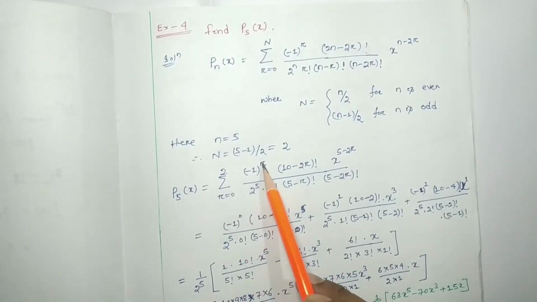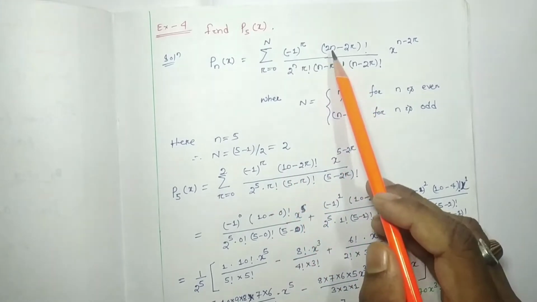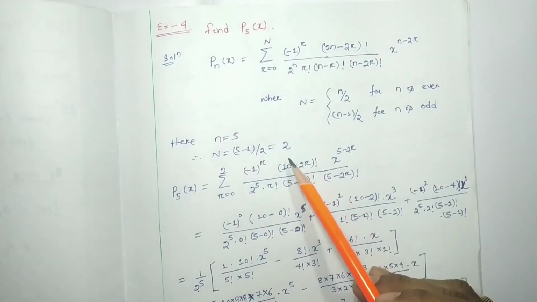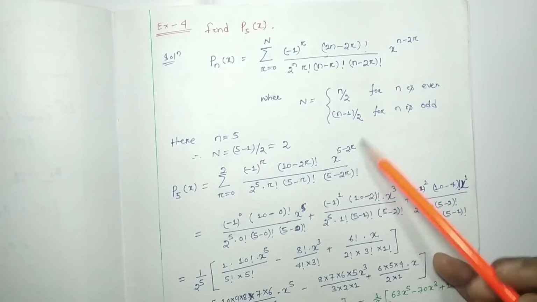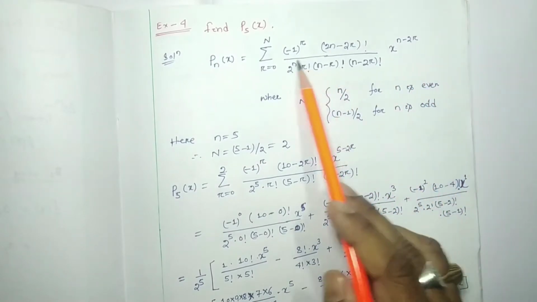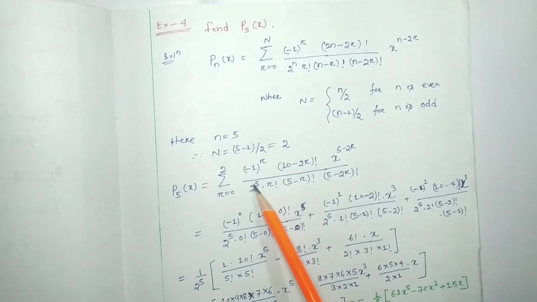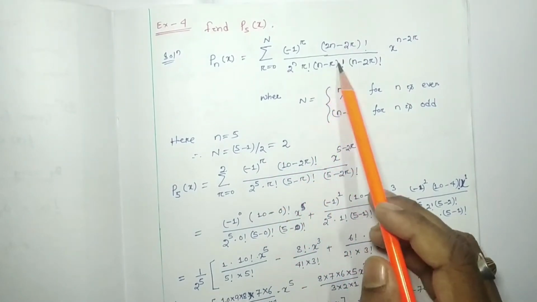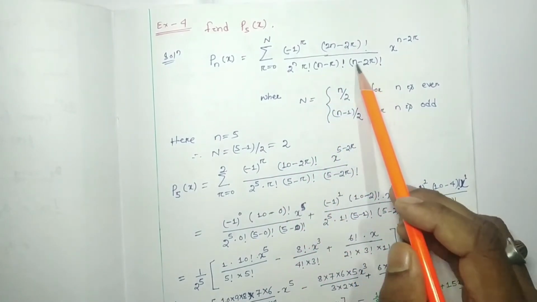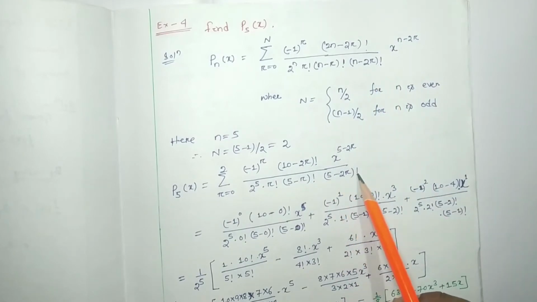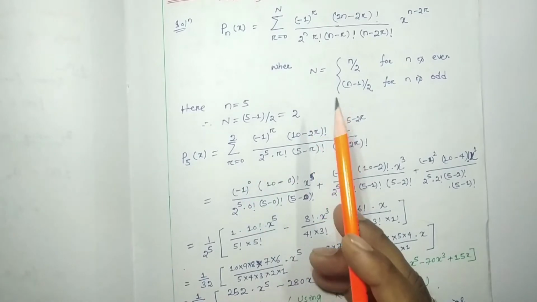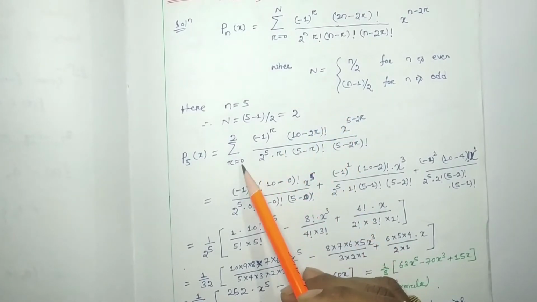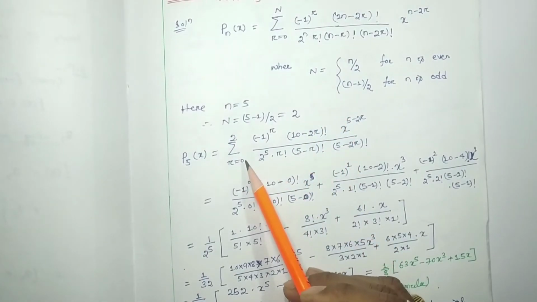So P5 can be written as the sum from r = 0 to 2 of (-1)^r (10 - 2r)! x^(5 - 2r) divided by 2^5 r! (5 - r)! (5 - 2r)!. So here r = 0 to 2 means we are going to get 3 terms, for r = 0, r = 1 and r = 2.